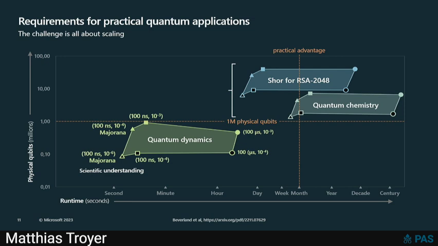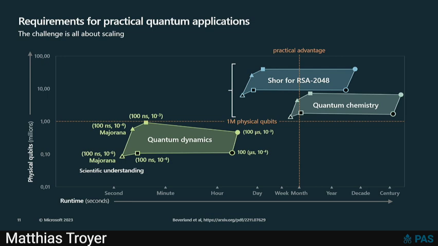To study the chemistry problems in a reasonable runtime, we need thousands of logical qubits. Yes, you might think that about 100 logical qubits are enough, but 100 logical qubits are enough to store the wave function. But the runtimes, when you then implement the algorithms, take forever. To make it in a reasonable runtime with a logical cycle time of microseconds, you will need about 1 million physical qubits.